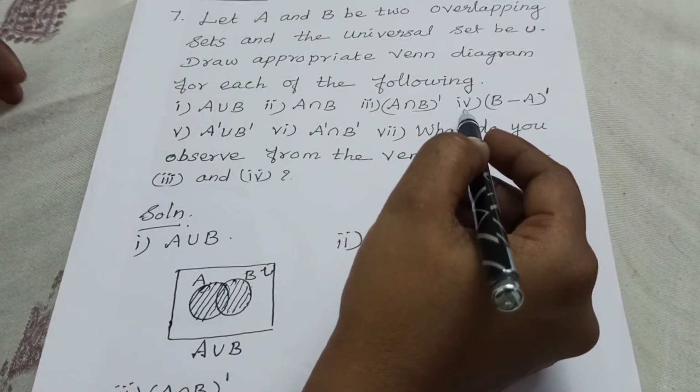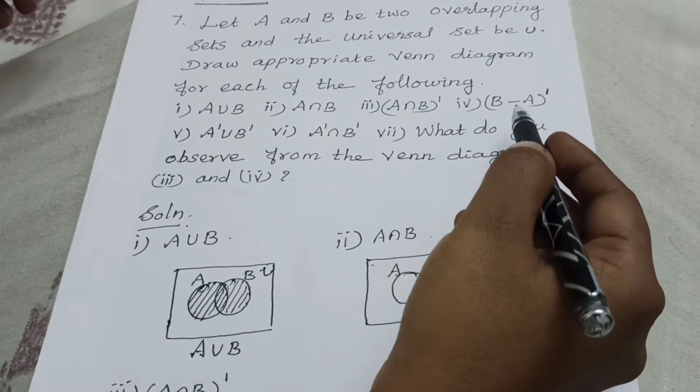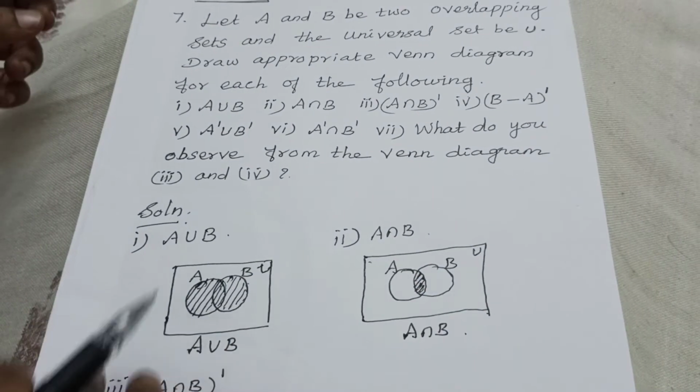Then fourth sum, B minus A the whole dash.